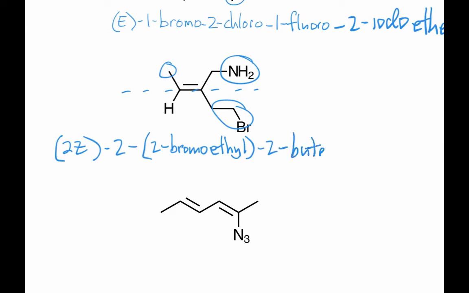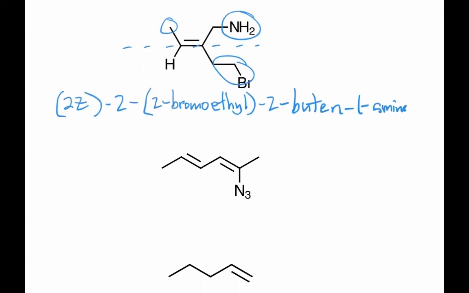My double bond ene is on carbon number 2, and then I will call it 2-butene, and then it's 1-amine. All right, so overall that is 1, 2, 3, 4, so that's why it's a butene. On carbon 1 is my amine, and then I have that branch right there, that is the 2-bromoethyl branch. So 2Z, 2-(2-bromoethyl)-2-butene-1-amine.